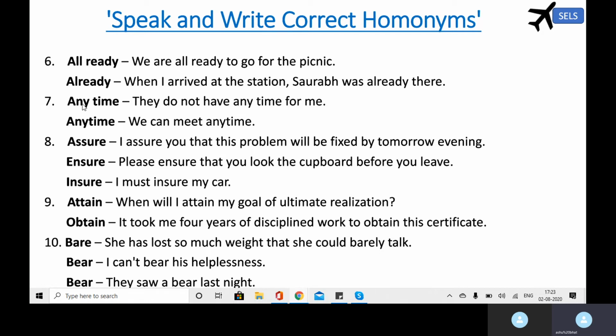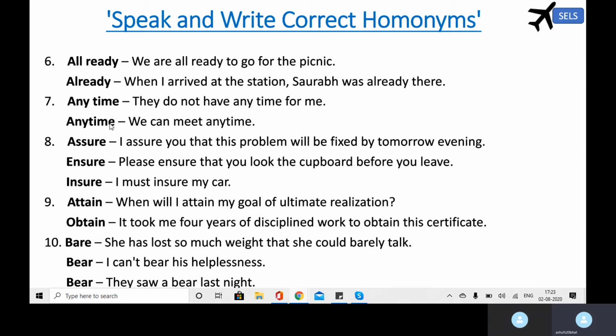But the first one is any time, where any is the adjective and time will be considered a noun, and this one, anytime, is basically an adverb. So depending upon whether you want to use an adverb, we can meet anytime. We can meet anytime you want.